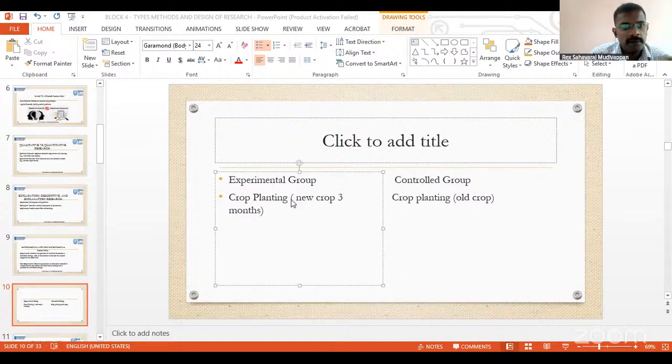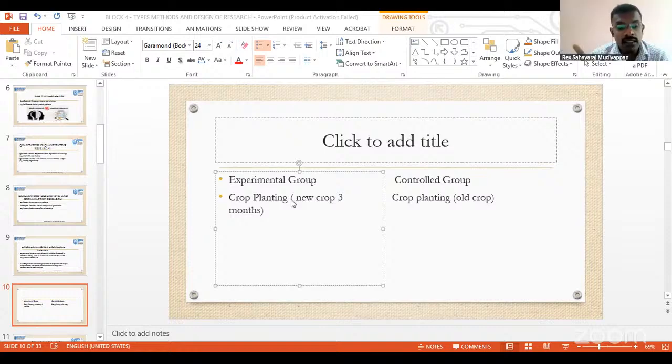Am I right? Maybe, sir. Maybe, yes. That is called an extraneous variable, which the researcher cannot control. I cannot control the fertility of the land.